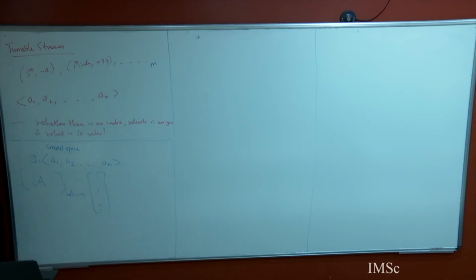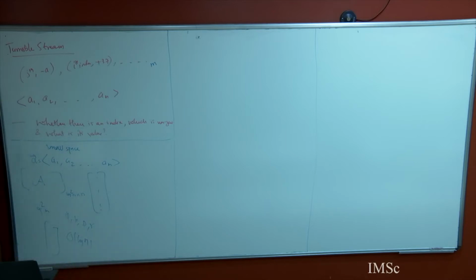I told you how to update this last time: when an insertion comes, what you should do, and when a deletion comes, what you should do. And we can maintain this in polylog n. What are we storing? We store one vector of length log square n from this multiplication, and some hash functions a, b, c, and some prime or random number, but these take only order log n bits.